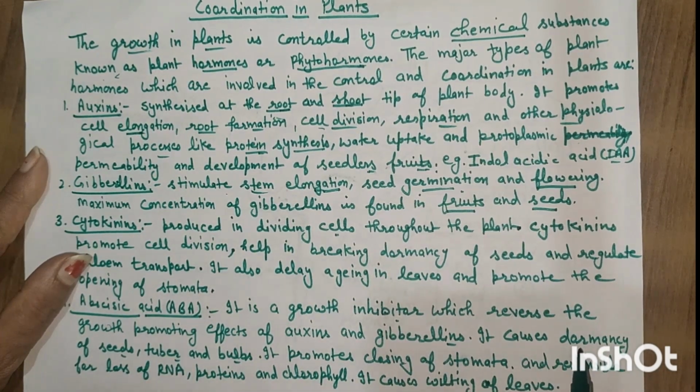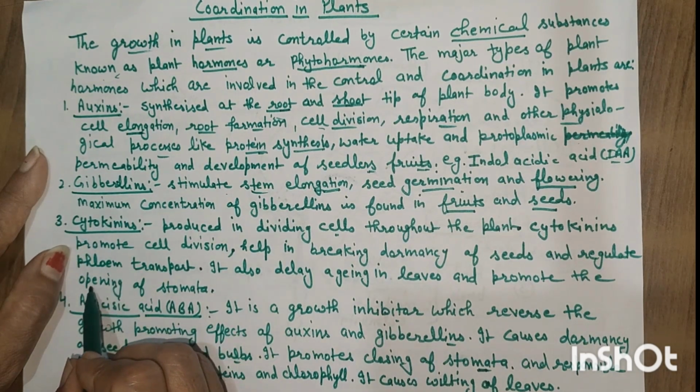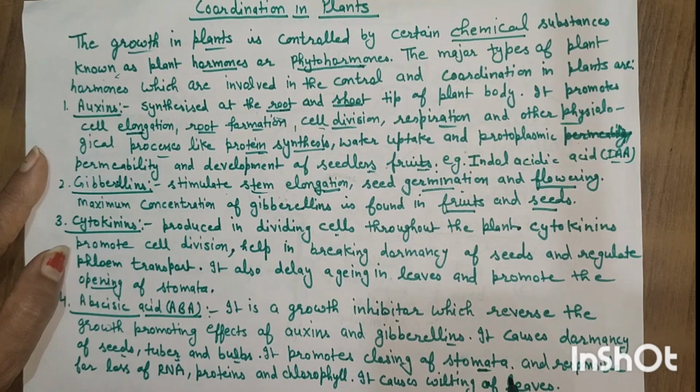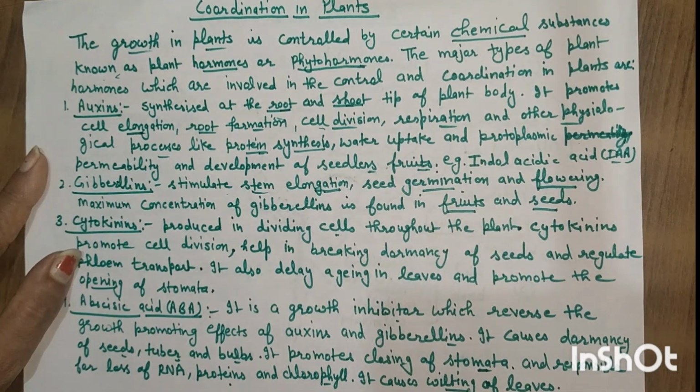That's why we can store seeds, tubers and bulbs. It promotes closing of the stomata, while cytokinins promote opening of the stomata. It is responsible for loss of RNA, proteins and chlorophyll, and its main function is wilting of the leaves.